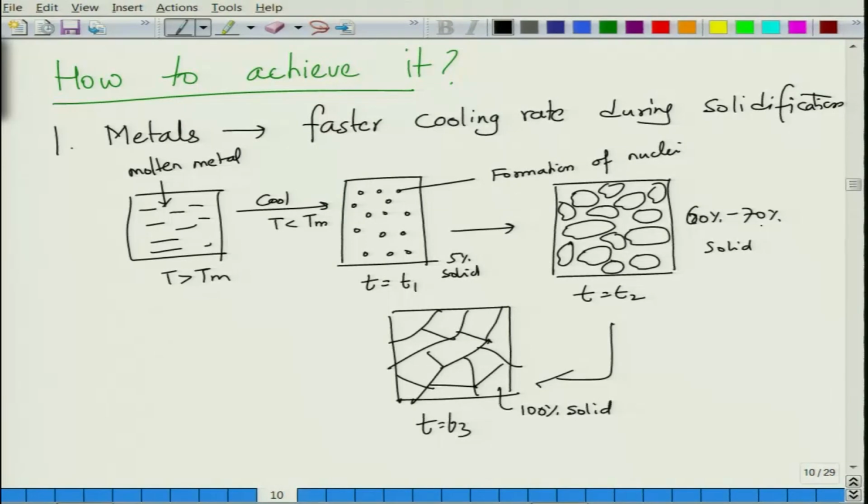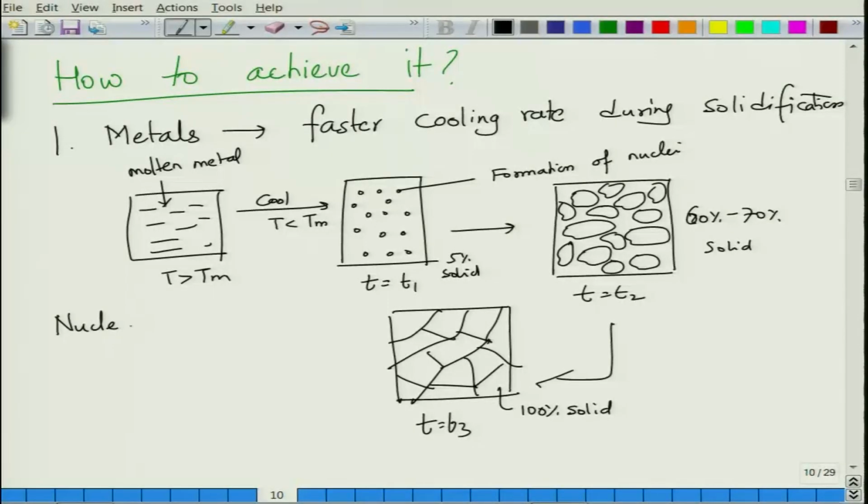So, solidification is a time dependent process, just like we see when we form ice from water. You do not form ice all of a sudden, even if you keep the water at 0 degree centigrade. The formation of ice takes some time, and this is because of the phenomena that we call nucleation and growth. Nucleation and growth require time, and it is dependent on the cooling rate.